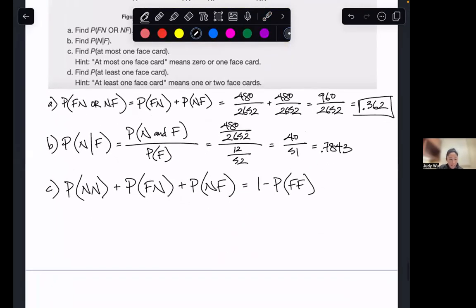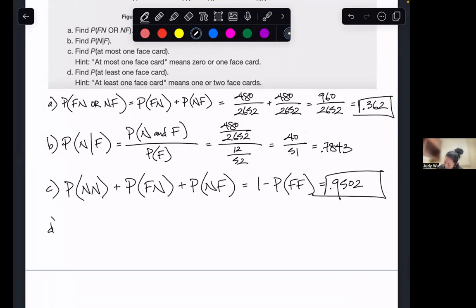Okay? But either way that you do that, you should end up with 0.9502. So it's a pretty big chance, 95% chance that you're going to get no face cards or only 1 face card. Okay.